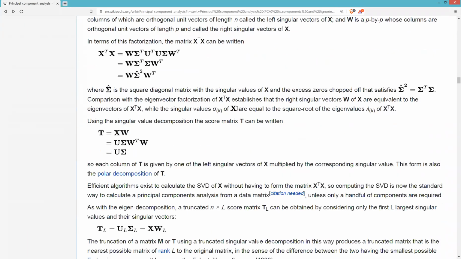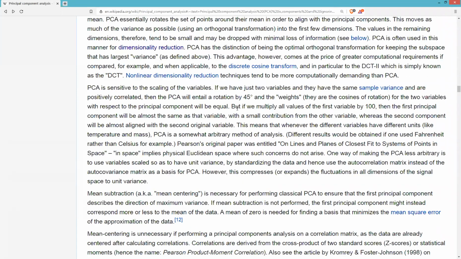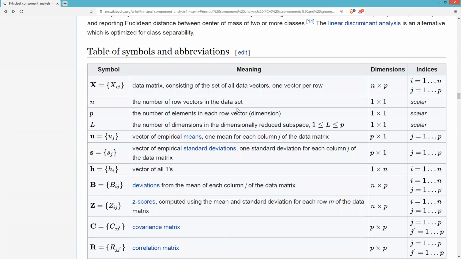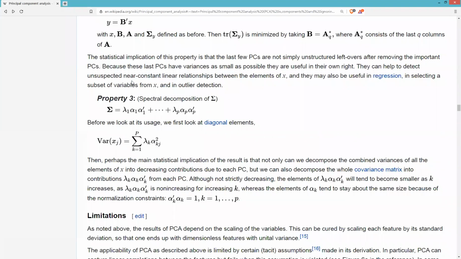Singular value decomposition, you can skip this. Further considerations, you can skip this. Symbols and abbreviations. Properties and limitations of PCA, I think this is an interesting part, so if you have time, please read this.